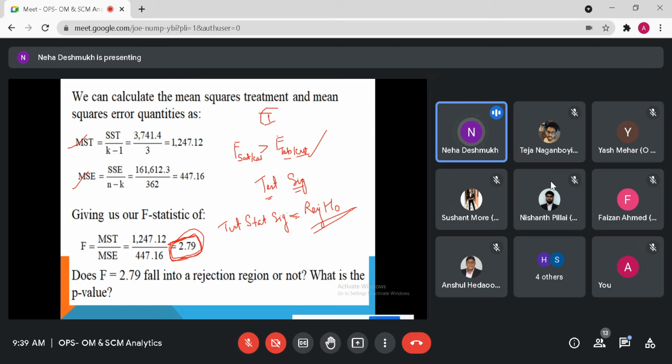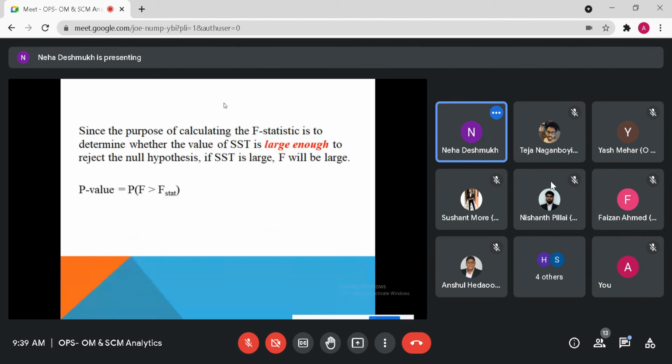This is the first interpretation. If the F statistic is greater than F critical: the purpose of calculating the F statistic is to determine whether the value of SST is large enough to reject the null hypothesis.